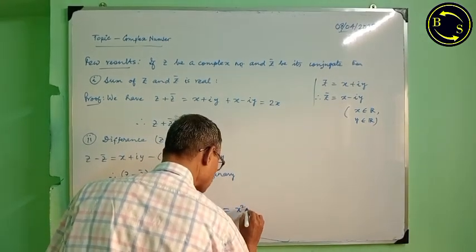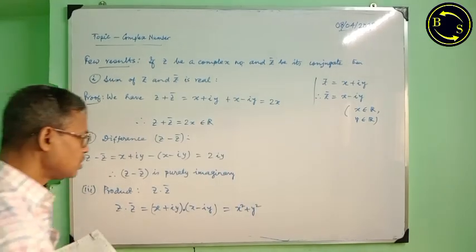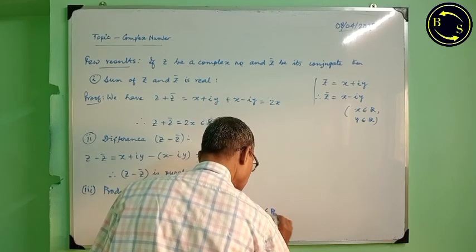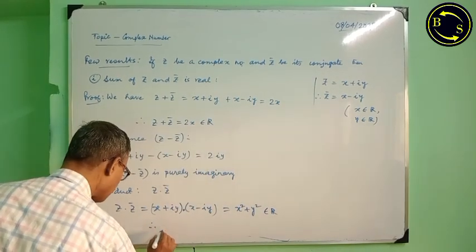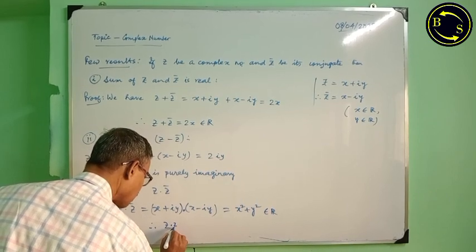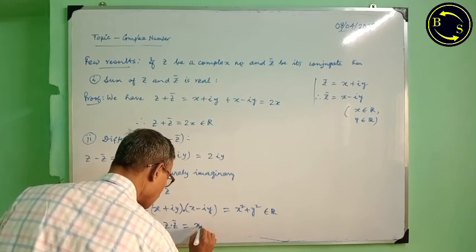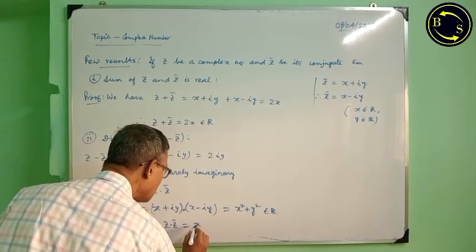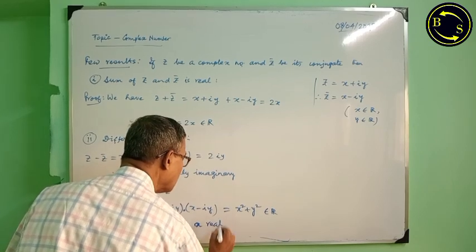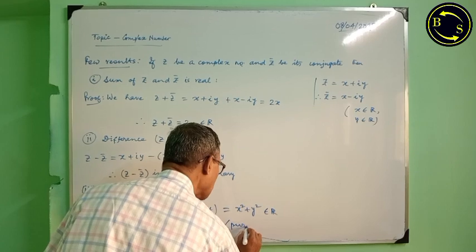The product will be x square plus y square, which is purely real. Therefore, z into z bar is real. Some say purely real.